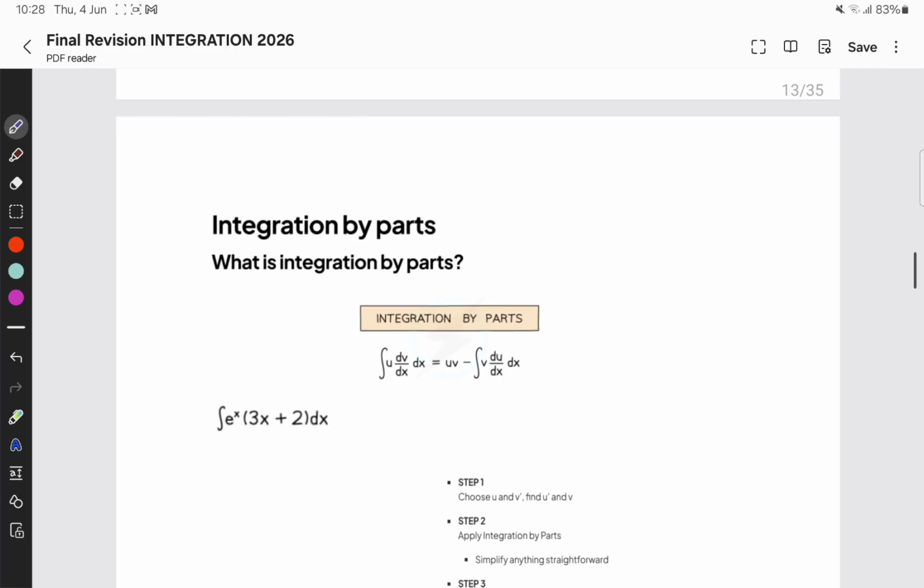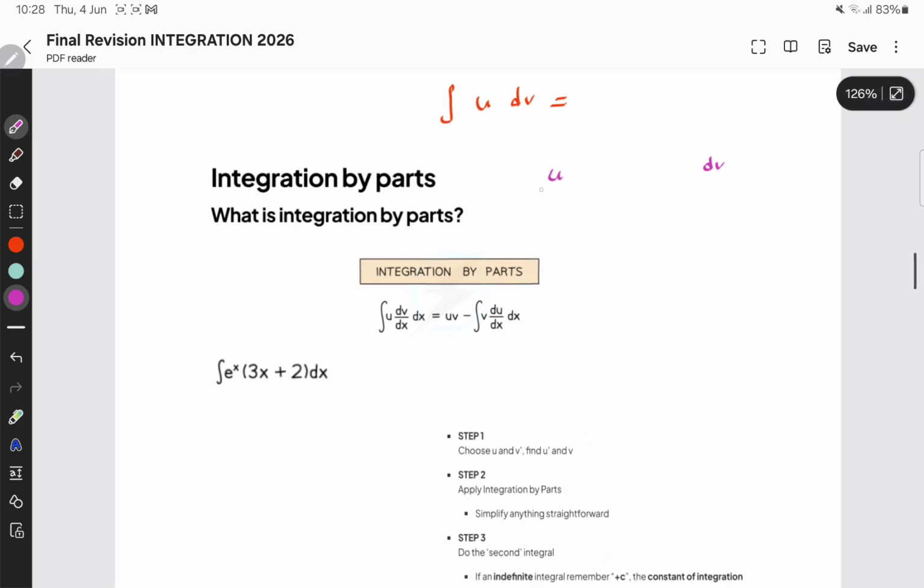Now we're going to talk about parts. What's the meaning of parts? In parts, we divide the function in two parts. The integral of u dv is equal to, we just choose two functions, one is u and the other is called dv. U is always the easiest in differentiation because we will differentiate it to get du, and v is the easiest in integration because we will integrate to get v.